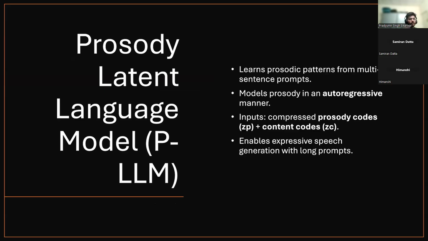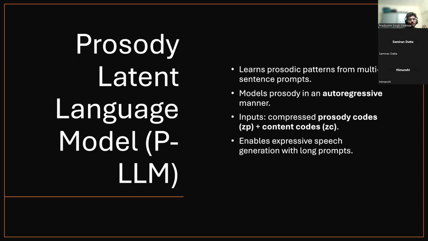Here, the process is that from multiple training samples, the model extracts ZP and ZC for each one. Then these are concatenated to form a long sequence, preserving the sentence boundaries.